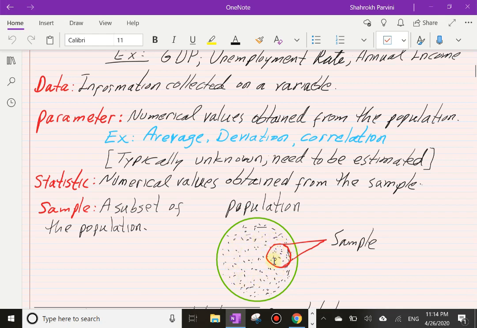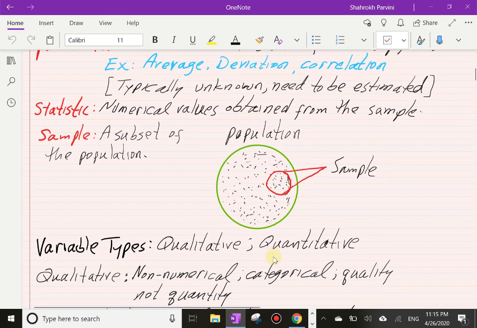And if my sample here is only looking at the MBA students, well, that's not going to be a representative sample of all graduates from all fields of science. So again, the assumption is that it is truly a representative sample of the population. So the population is pretty well shuffled here. So the sample is going to be a subset of population. Now, being a subset of the population, the sample has all the attributes, all the characteristics of the population. So that's why it makes sense to work with the sample.